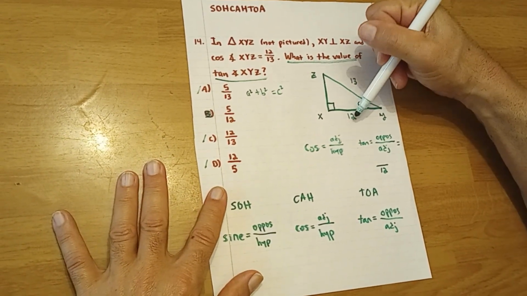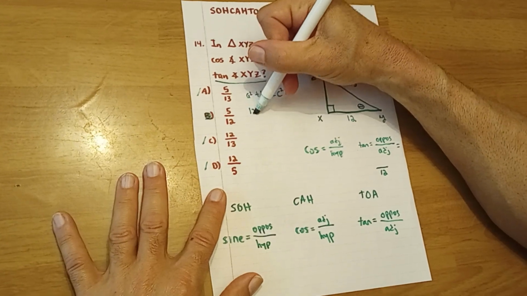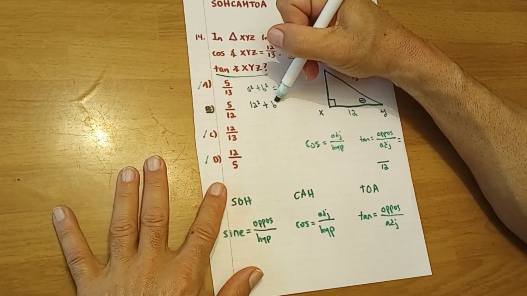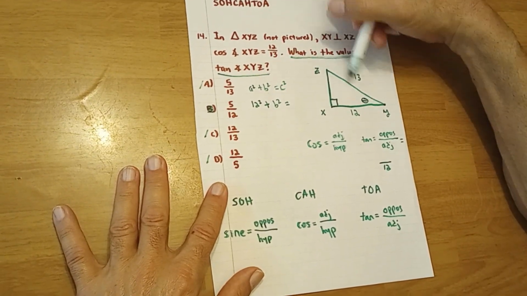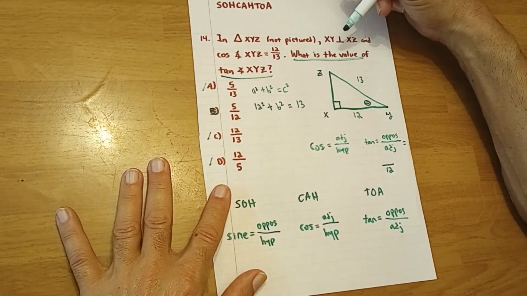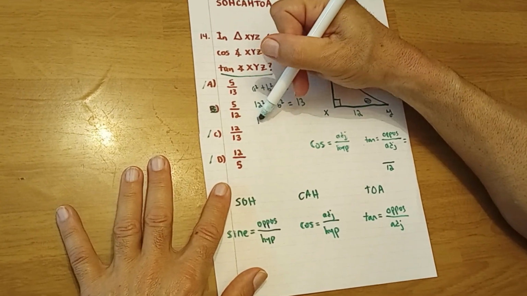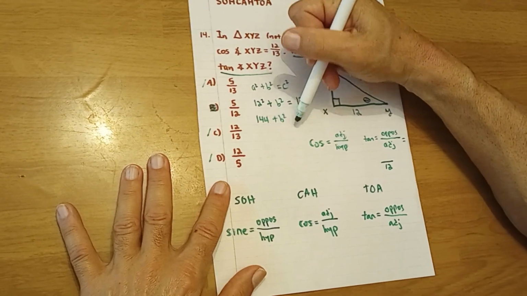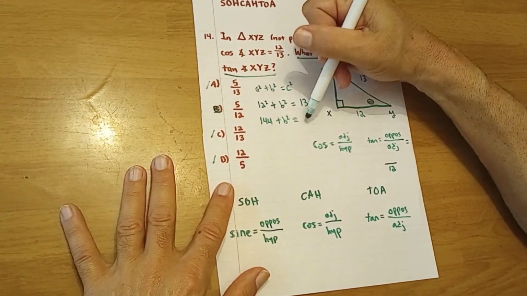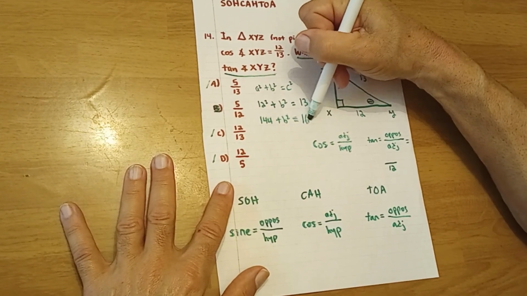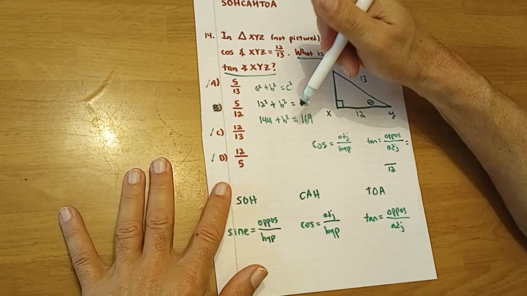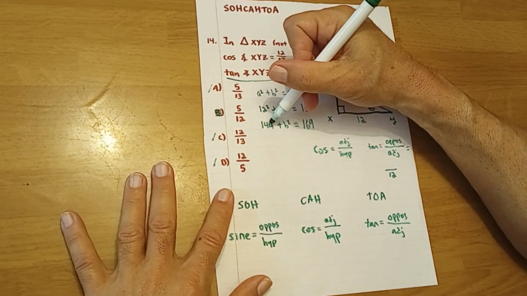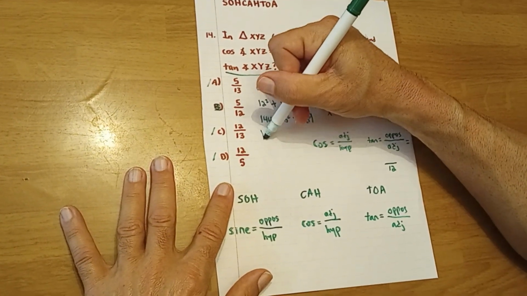So here, let's say we've got 12 squared plus the unknown squared, which we'll call b, equals the hypotenuse squared, which is 13. 12 squared is 144 plus b squared equals 13 squared, which is 169. Now we want to isolate b squared, so we do that by subtracting 144 from both sides.